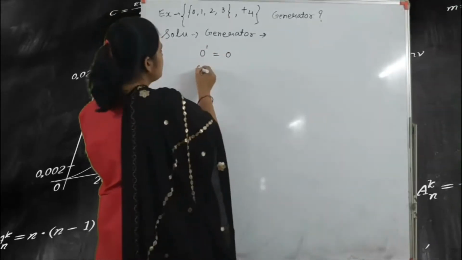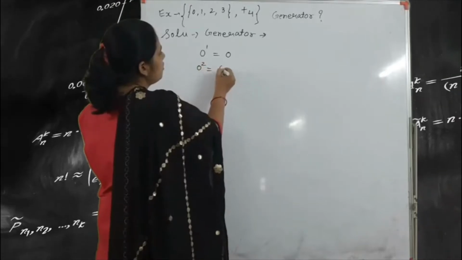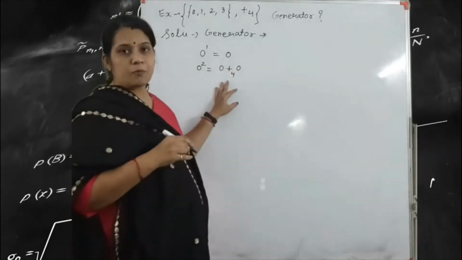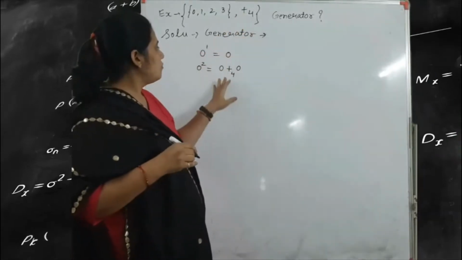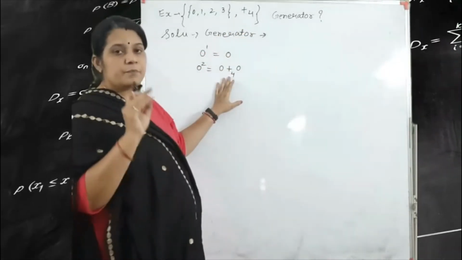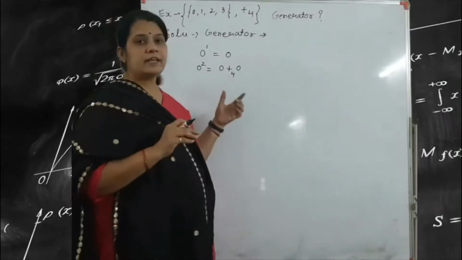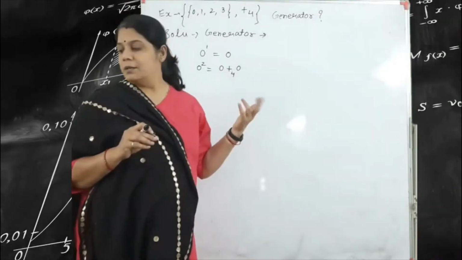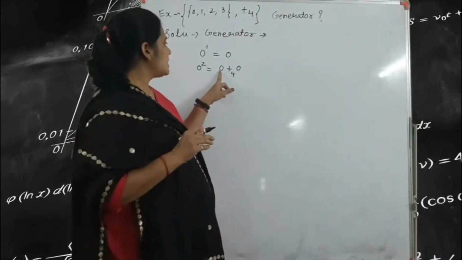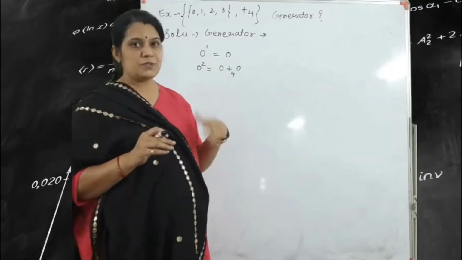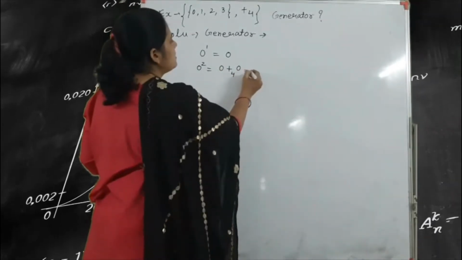Next one is 0 power 2, that means what? 0 plus 0, and here we use the operator addition modulo 4 because we are given plus 4. What is the process for finding the addition modulo or the multiplication modulo? 0 plus 0, that means 0 divided by 4, so the remainder is 0, and we write here 0.